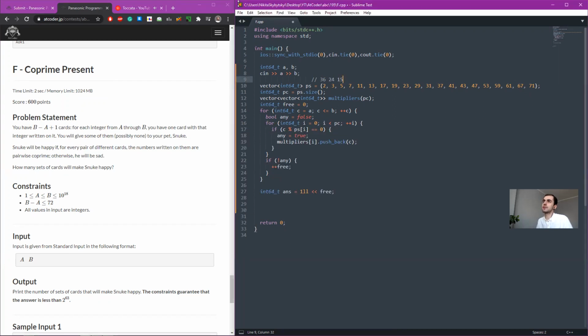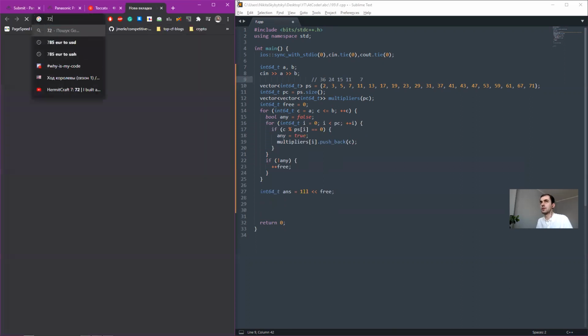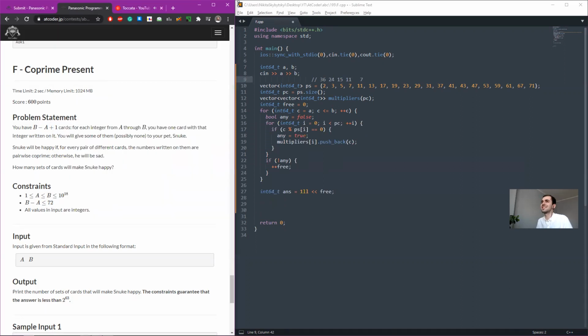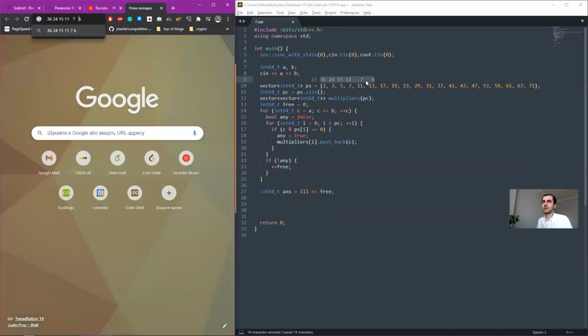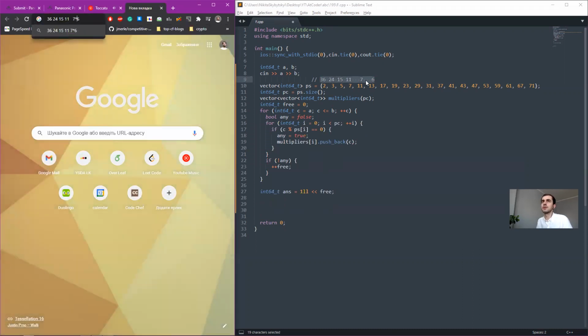Oh, we should actually take 15 because we are rounding up. Here we have 11. Here we have 7. Yes. 6. I really don't like where this is going, because then the maximum answer is the product of these guys. It's already a lot.